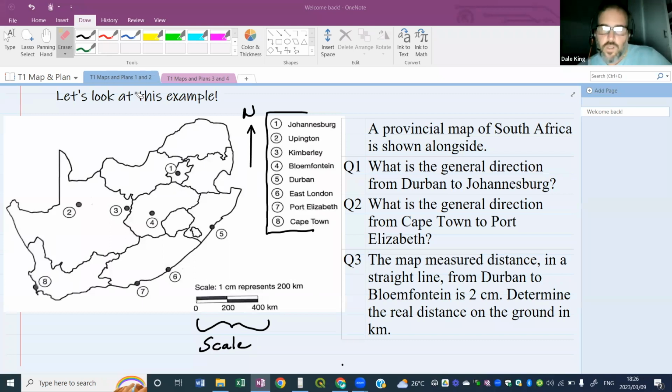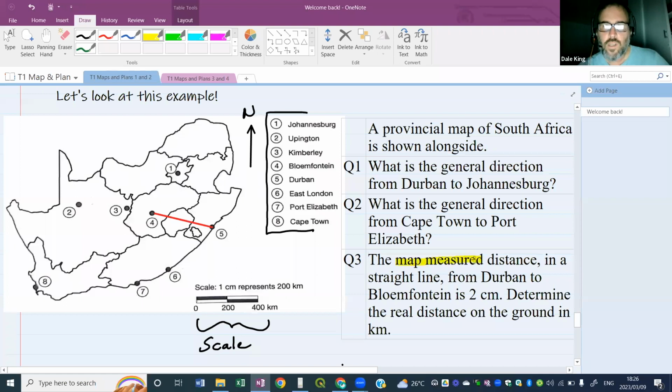Let's have a look at question 3. Question 3 says the map measured distance in a straight line from Durban to Bloemfontein is 2 centimeters. So there's a straight line that goes from Durban, which is 5, to Bloemfontein, which is 4. Now the key word here is map measured.